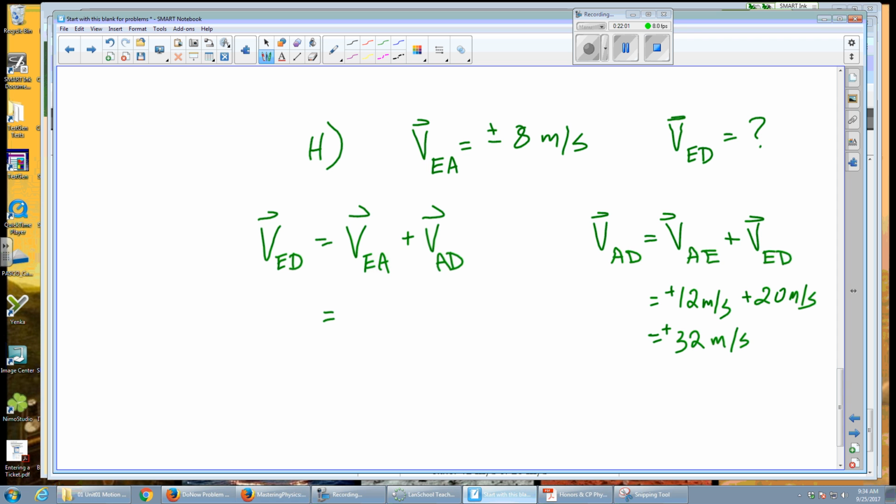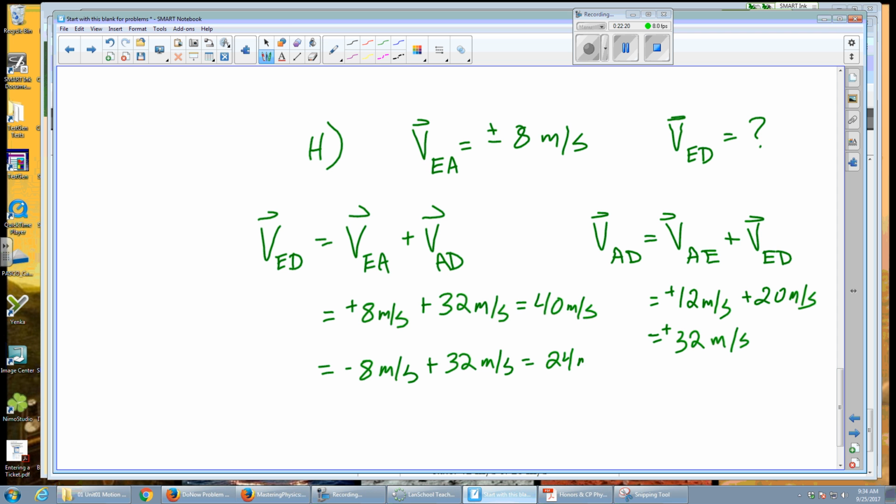So I'm going to have two answers. I could have positive 8 plus 32 meters per second, giving me 40 meters per second. Or I could have negative 8 plus 32, giving me 24 meters per second.